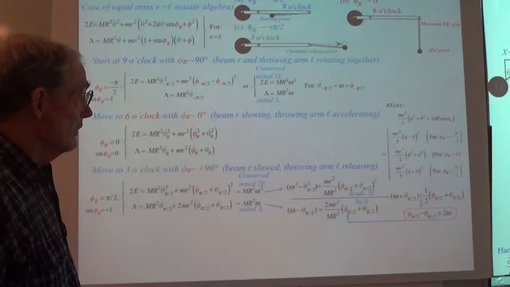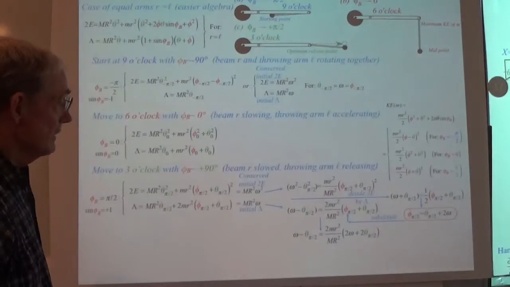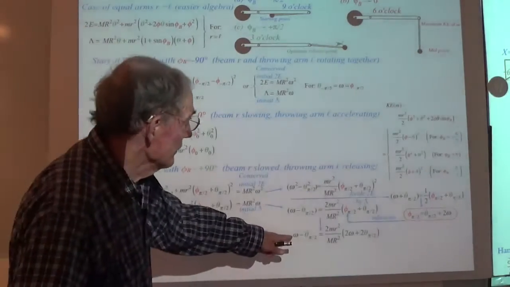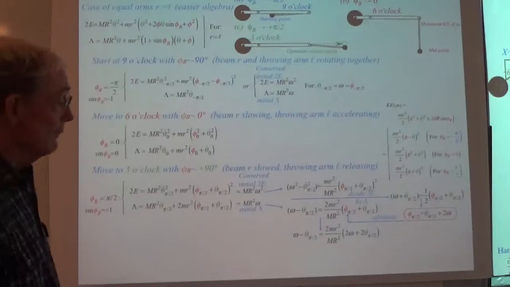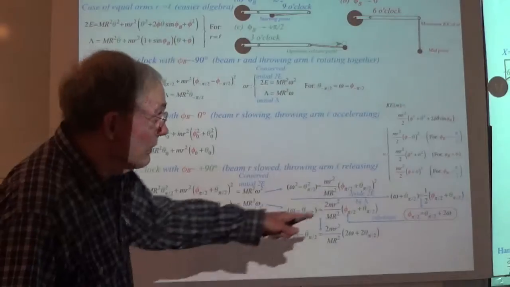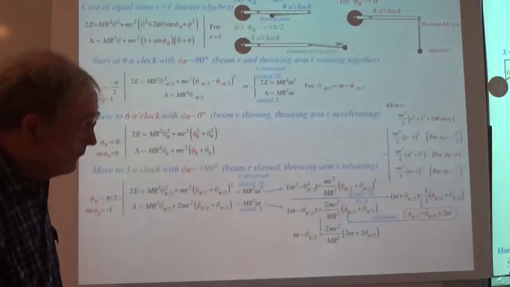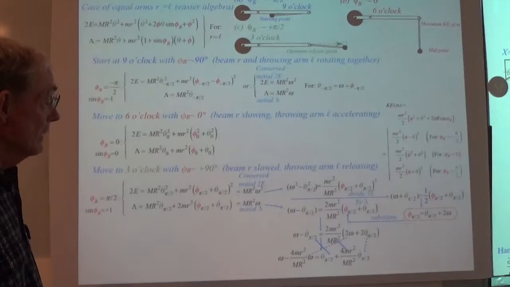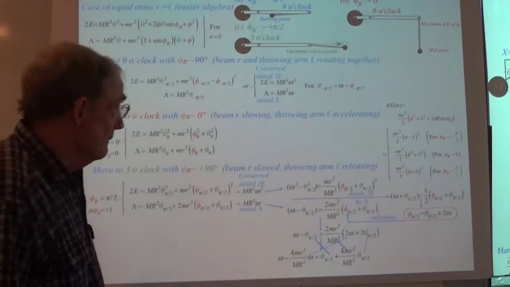So we've got to stick that back into this one to really get an expression for what the beam's doing. We're interested in how much energy we've taken out of the beam, as well as how much we've put into the trajectory. Presumably those will be equal, and so we'll get a certain velocity associated with the beam.